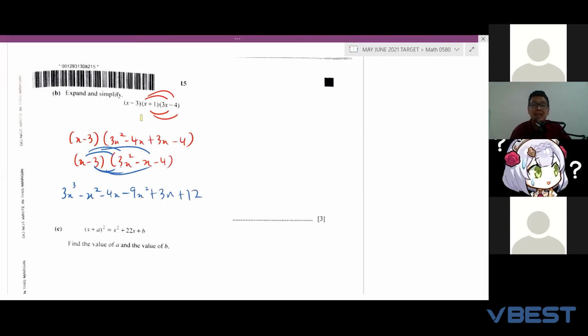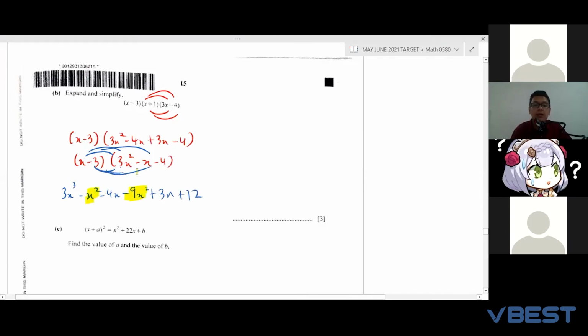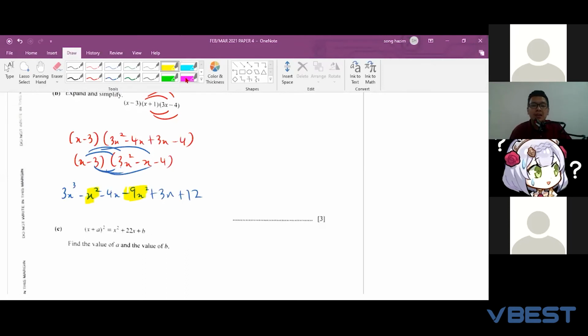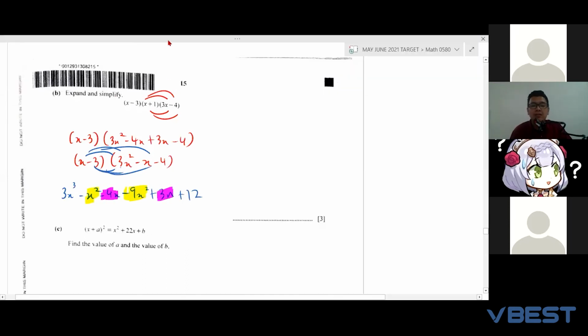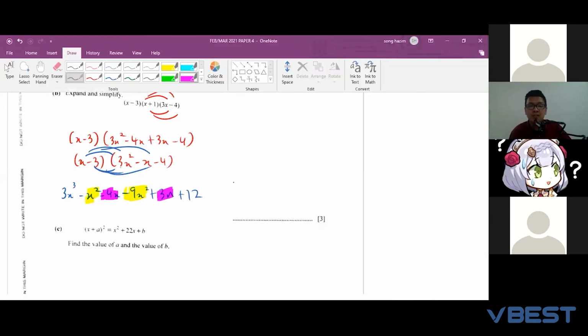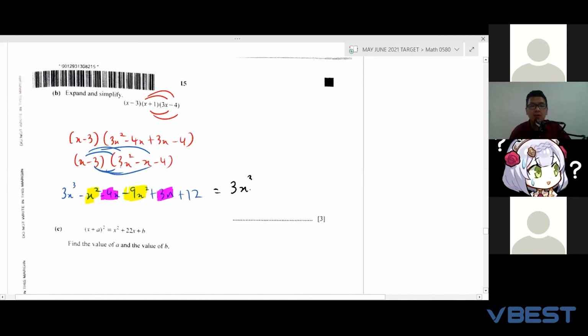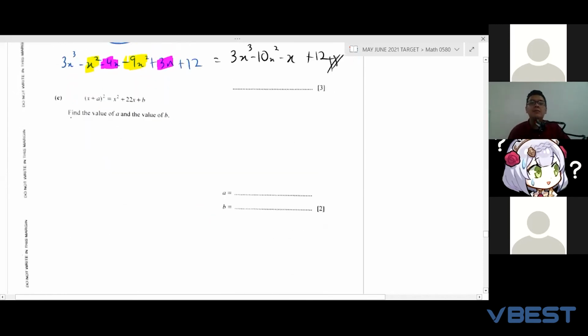You can see x squared and x squared, and x terms here. Don't just leave it there. So 3x cubed, minus 1 minus 9 is minus 10x squared, minus 4 plus 3 is minus 1x, and then plus 12. That's the answer.